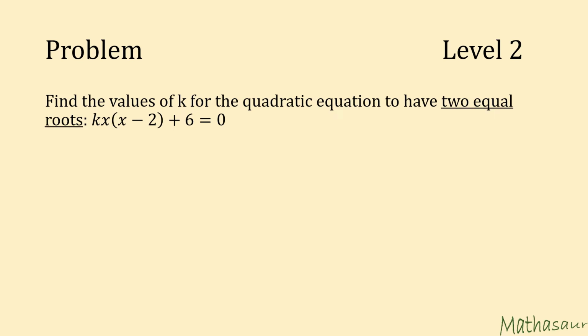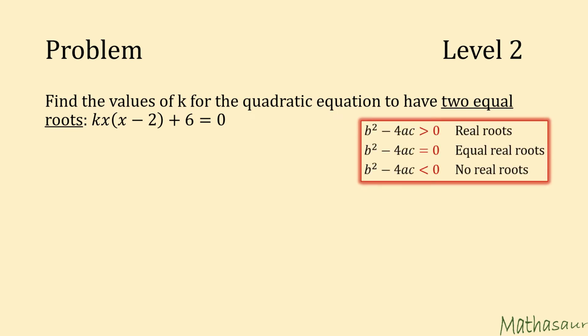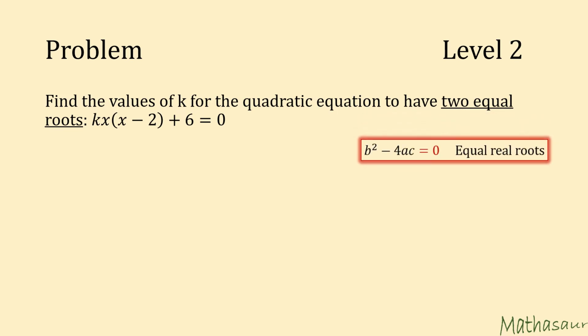Now recall the condition for two equal roots. The discriminant, or b square minus 4ac, should be equal to 0. Let us find out our quadratic equation first by opening the bracket and identify a, b and c here.